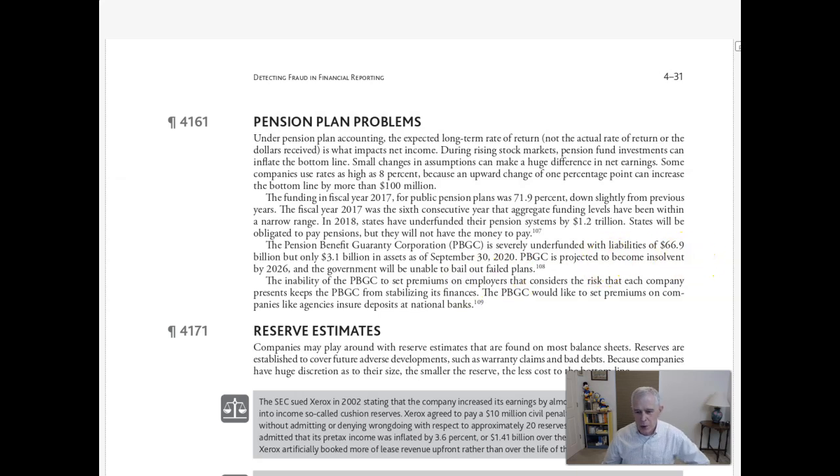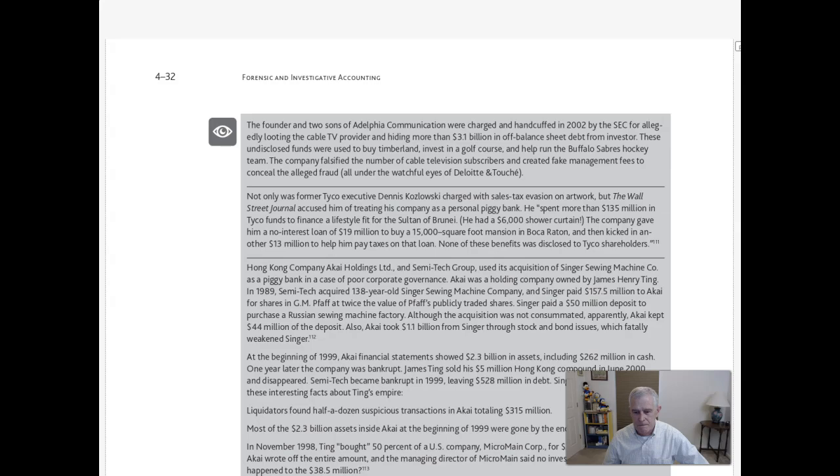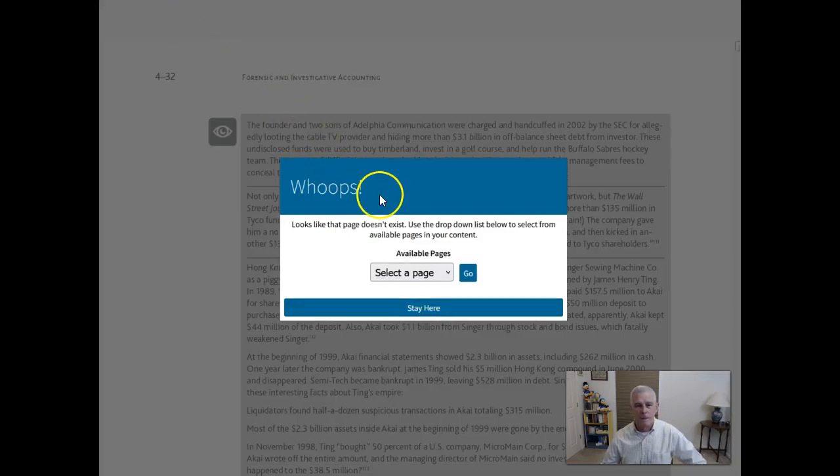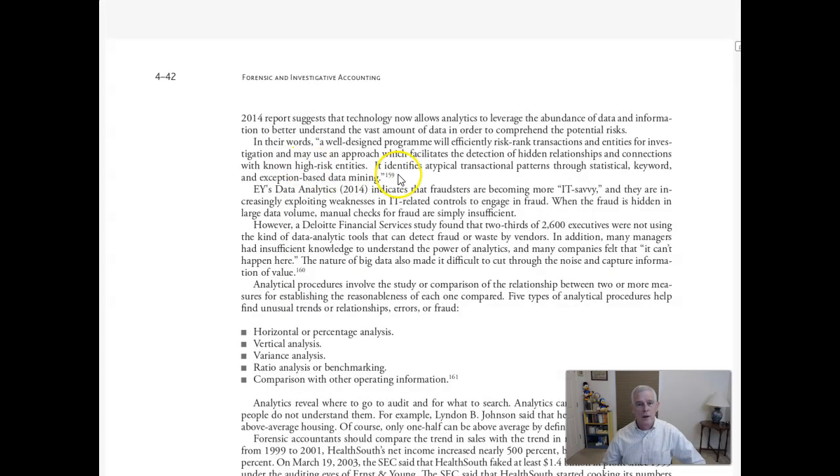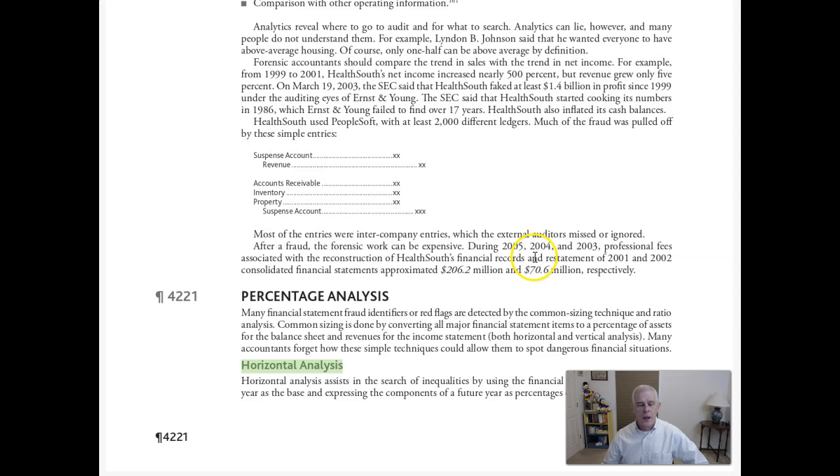So let's go to, I want to jump all the way to page, because this is getting to be a long video, I know. Let's go to page 42. Oh, something happened here. I thought I just selected a page. There we go, worked that time.